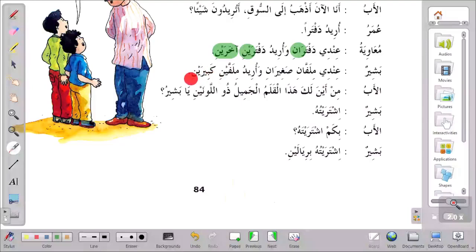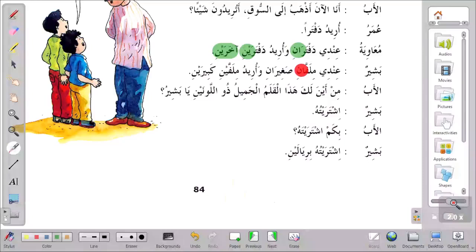The indi here is not a verb. So don't think, why is it not milafaini sagiraini, like here? Here it is milafani because this is not a verb, so this is not maf'ulun bihi. I hope that is clear.